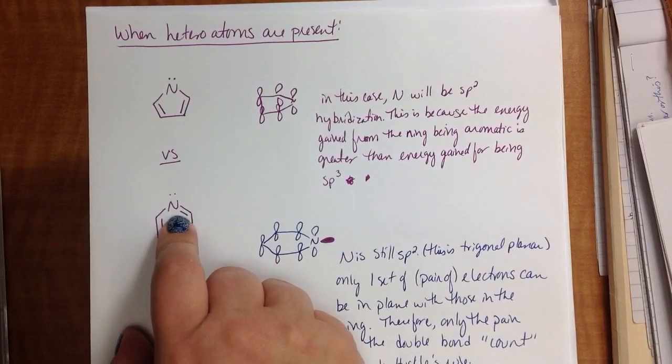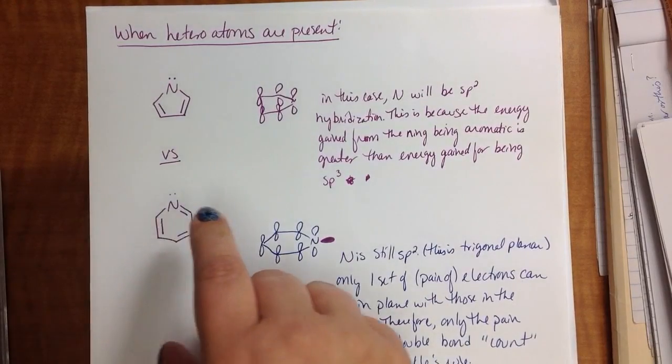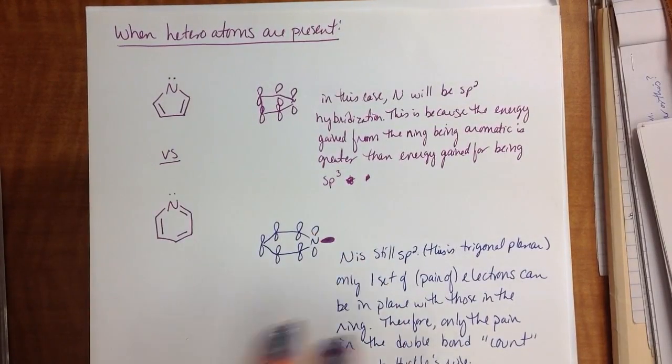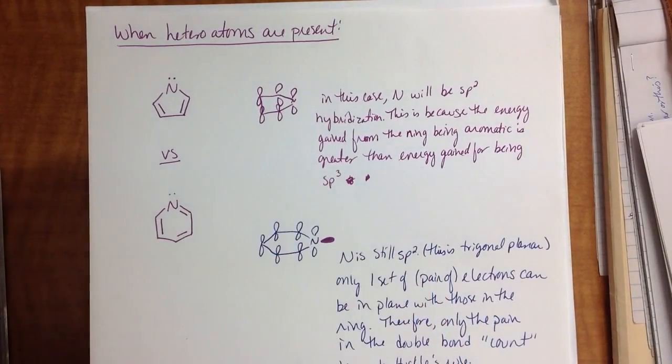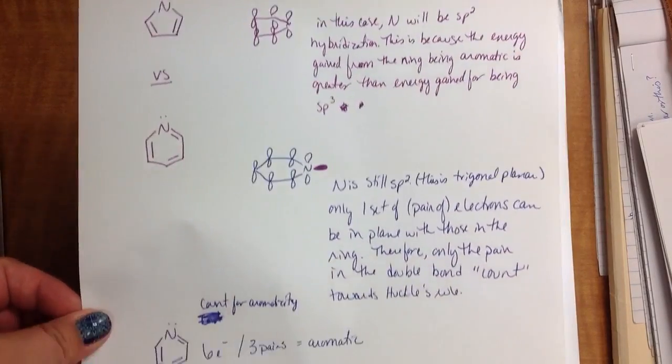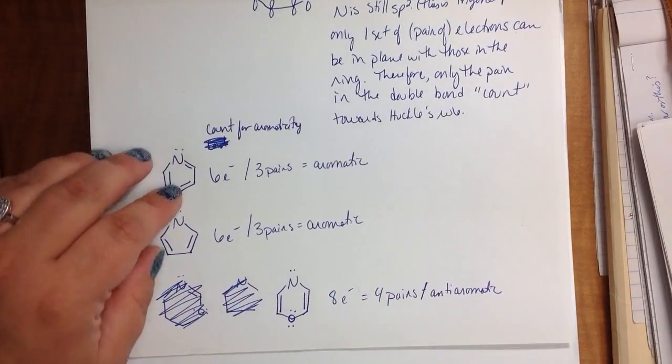So we either count the double bond, which really is what we're counting, or we count the lone pairs, but we don't count both. So here we go, 2, 4, 6, or 1, 2, 3 electron pairs, and that's it, okay? So don't overcount.